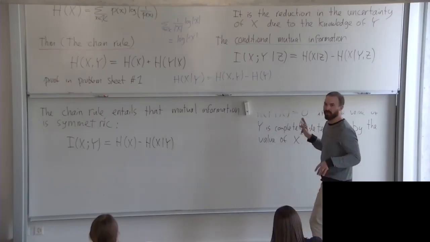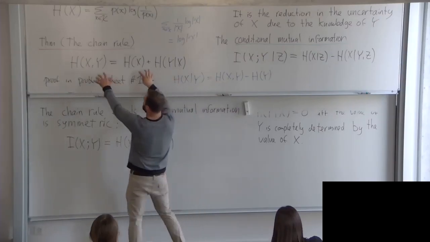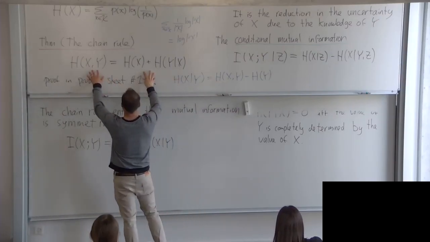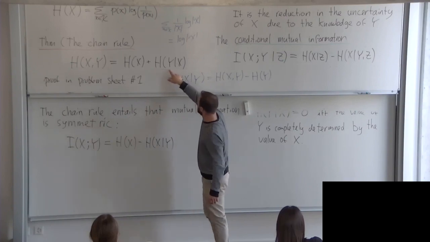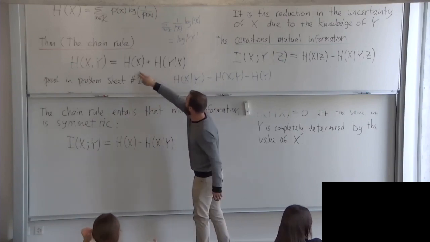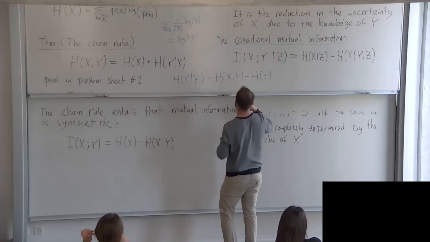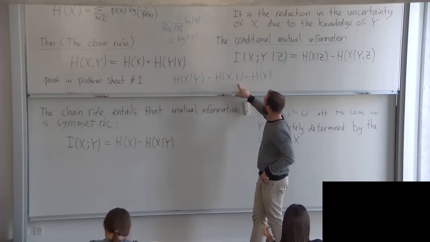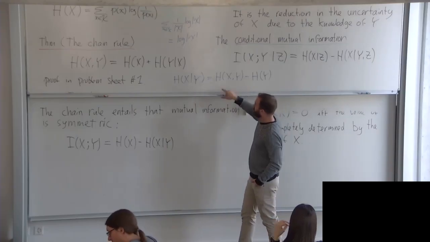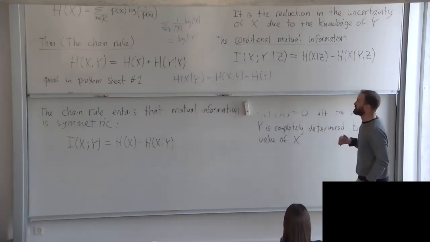If you're with me for a second, I'll quickly explain. I used that formula, but I inverted x and y. So it's H of y plus H of x given y, which is the entropy of the pair. And then I isolated H of x given y by subtracting H of y on both sides.